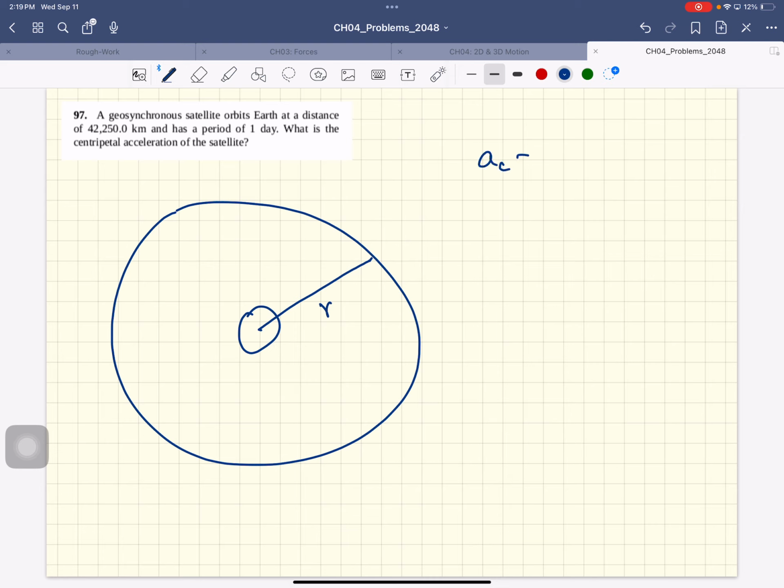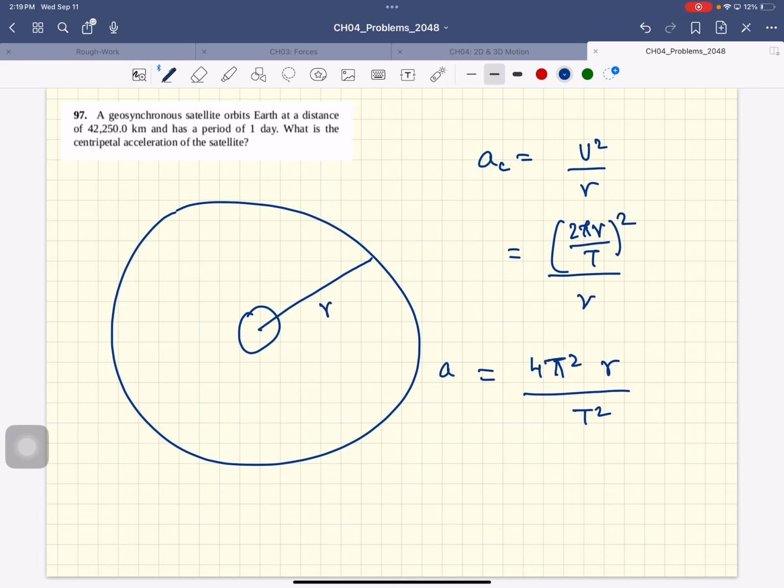The centripetal acceleration is v squared over r, where v is 2 pi r divided by T. So there is the centripetal acceleration.